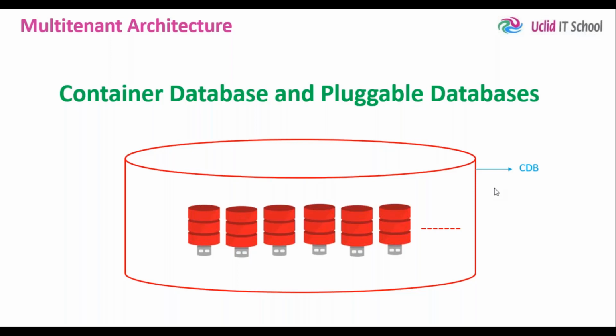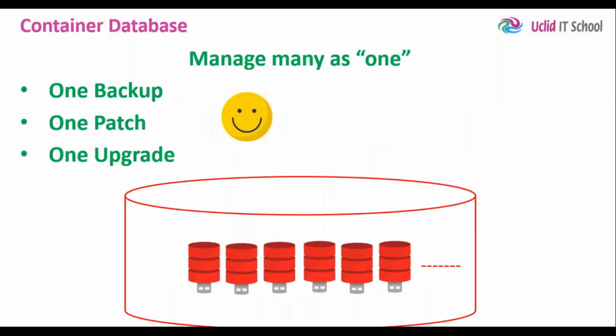That is the rule. So it cannot be created as an individual database. It should be a container database or it should be a pluggable database. So everything revolves around CDBs and PDBs from 20c. Now these individual ones are pluggable databases.